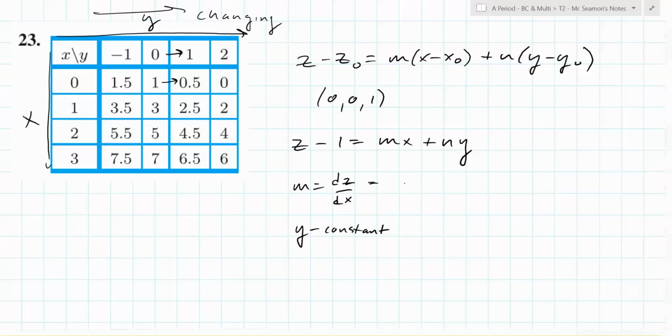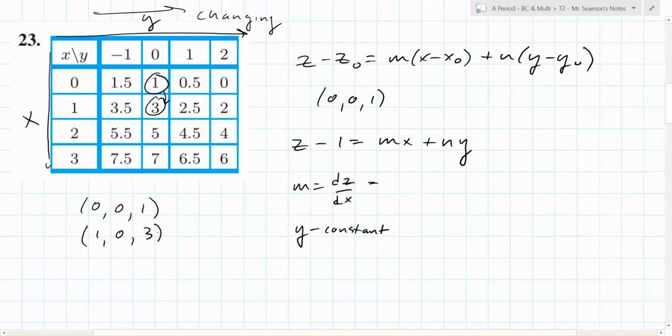So let's list out 2 points where y stays the same. Let's actually list out the coordinates, which would be a better thing to do on this one. So how about this point right here? What's the coordinate for that point? 0, 0, 1. And let's keep y the same and go down to there. What point is right here? 1, 0, 3. So what stayed the same on that point?